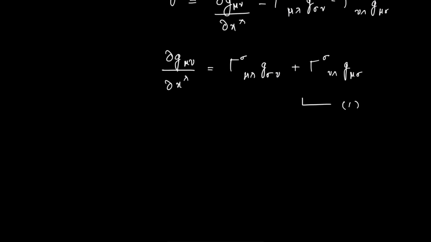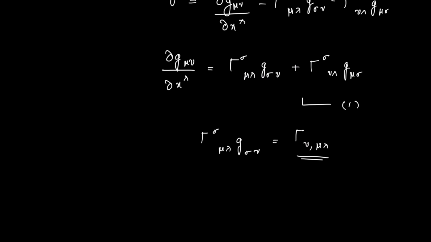Now I am going to define this quantity, Christoffel symbol sigma mu lambda G sigma nu, as Christoffel symbol of nu comma mu lambda. Okay, so when I write comma, you should not confuse it with the derivative. These are not derivatives, it's just a notation. So it's a Christoffel symbol nu mu lambda.